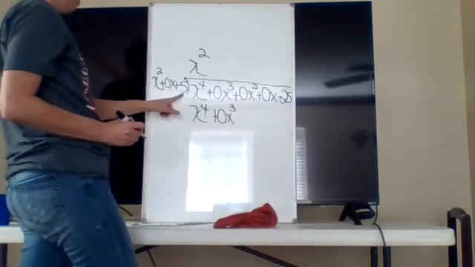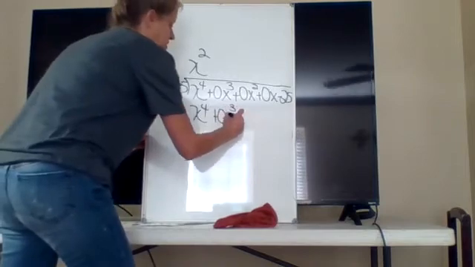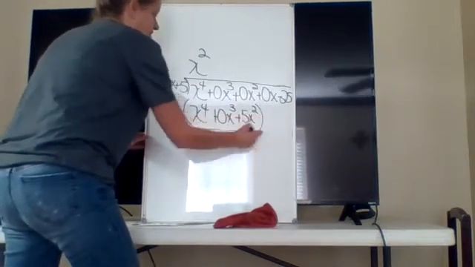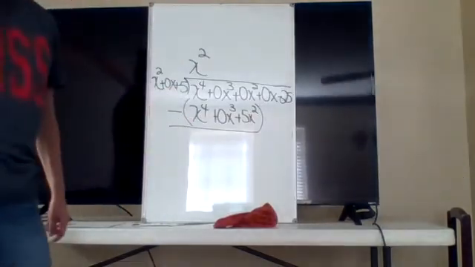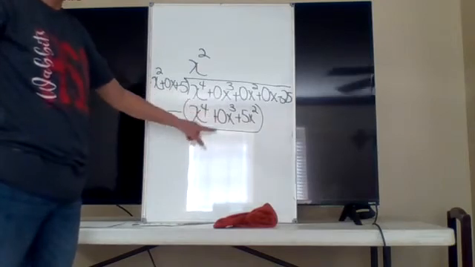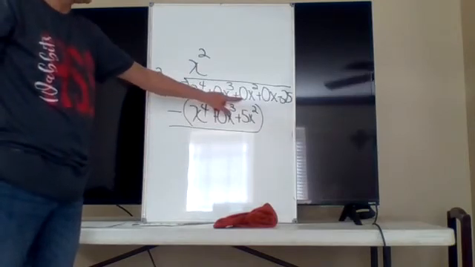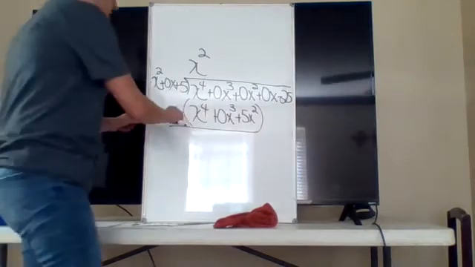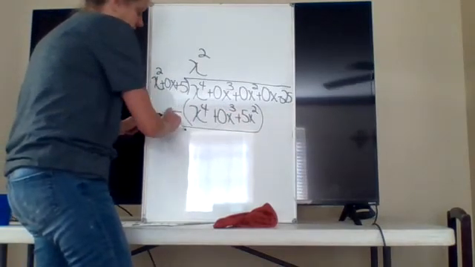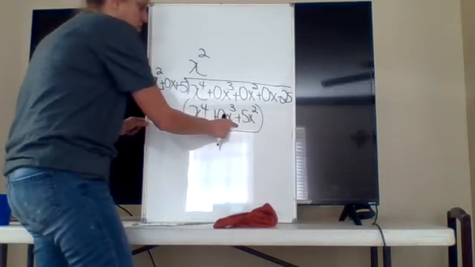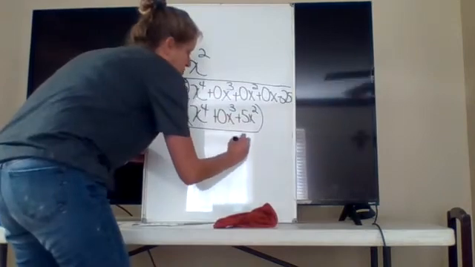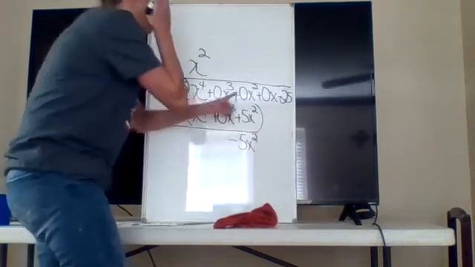X squared times 5 is 5x squared. So let's see what happens when I subtract this. My x to the 4ths cancel. My x to the 3rds cancel, right? Because they're both zeros. So what does this one turn into? I have 0x squared. Since it's positive and I distribute this minus, it turns it into negative 5x squared. So I've got 0 minus 5, which gives me minus 5x squared.